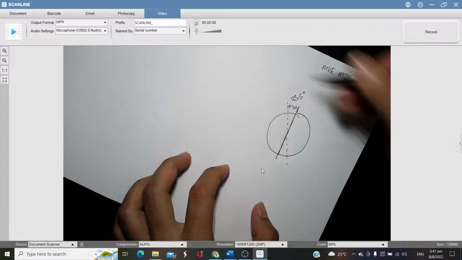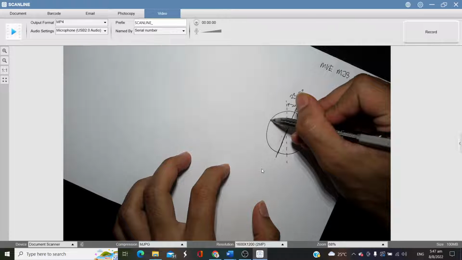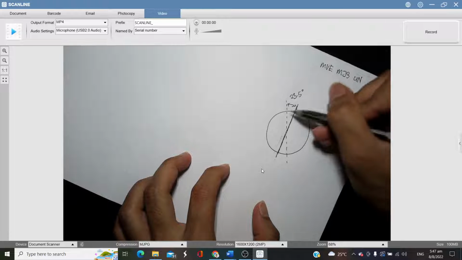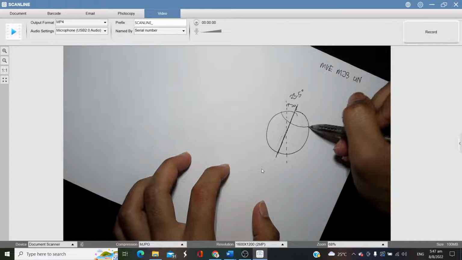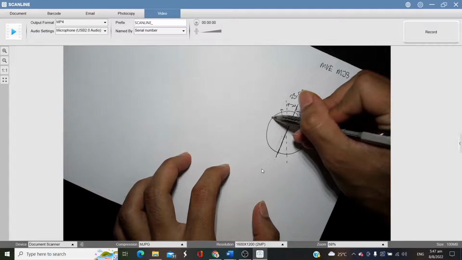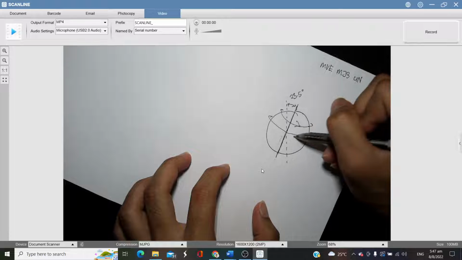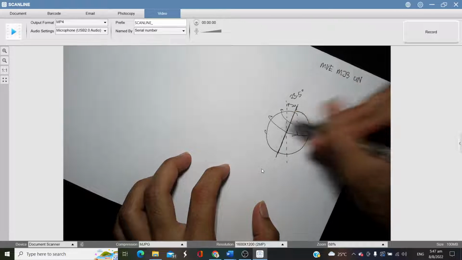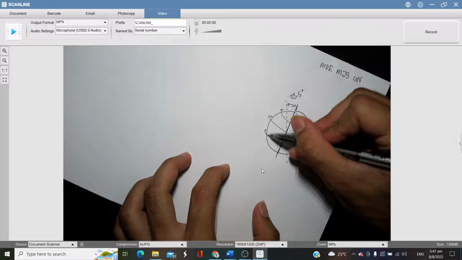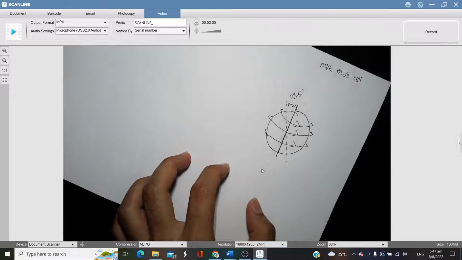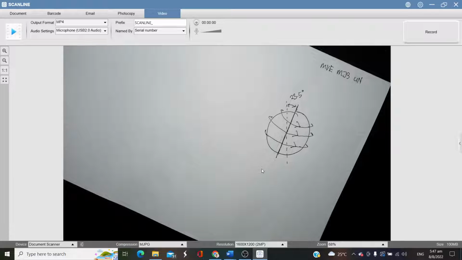And the Earth will not spin like this, but like this. So always remember the Earth will travel in orbit anti-clockwise. And also when Earth spins on its axis, it also spins anti-clockwise.